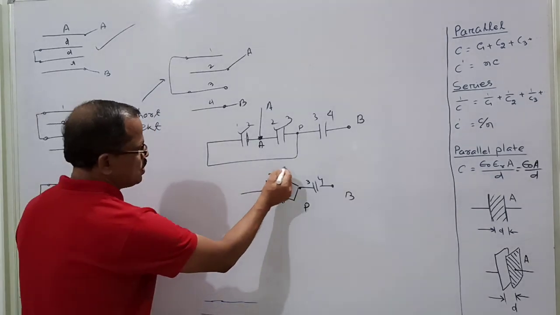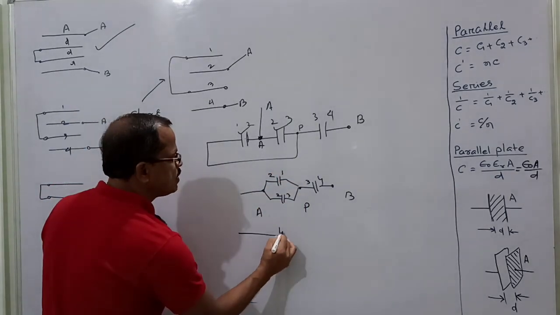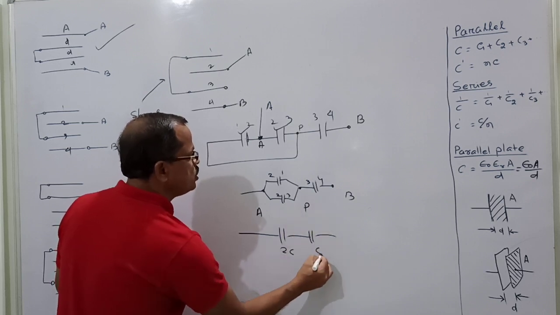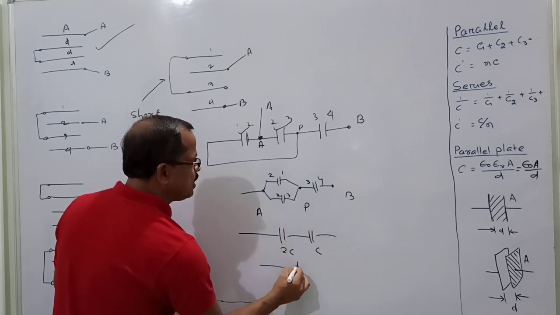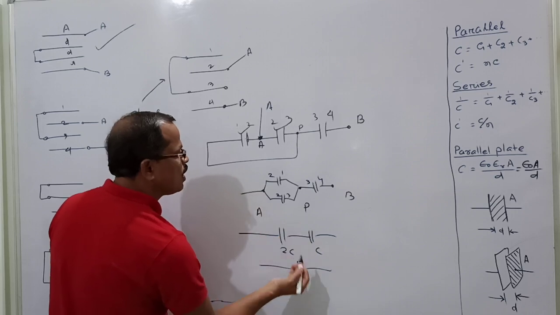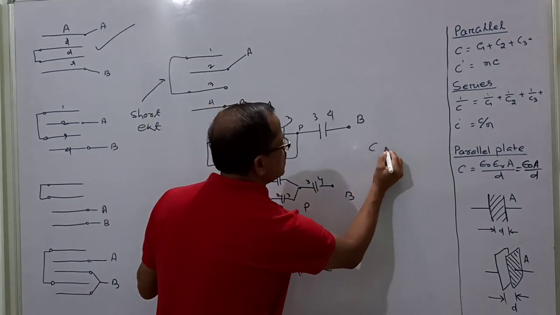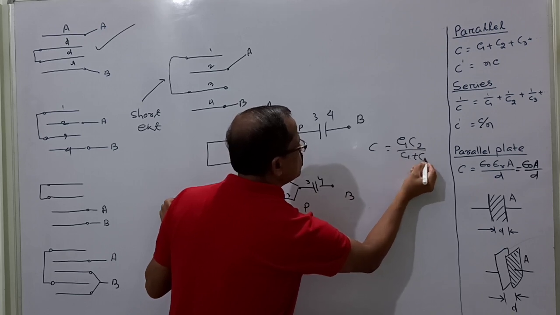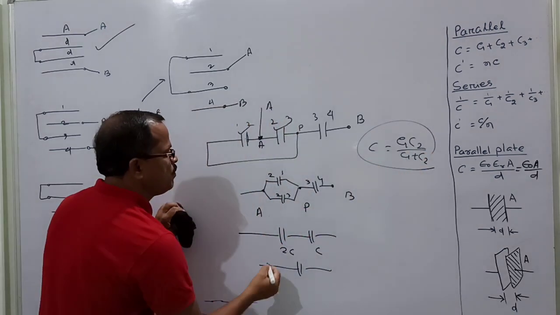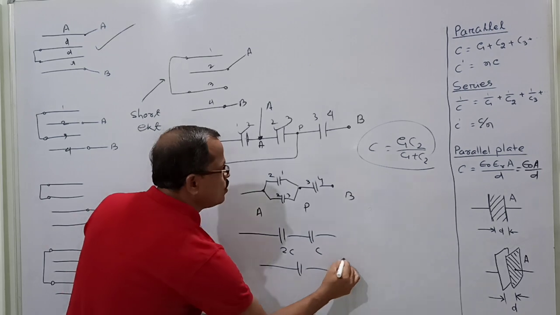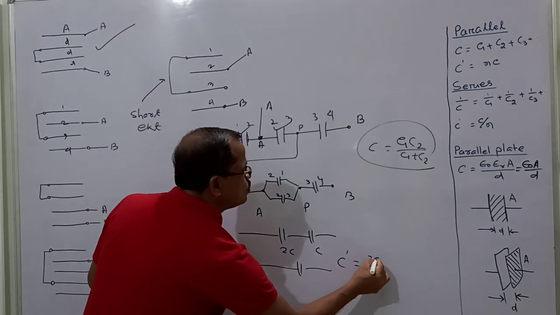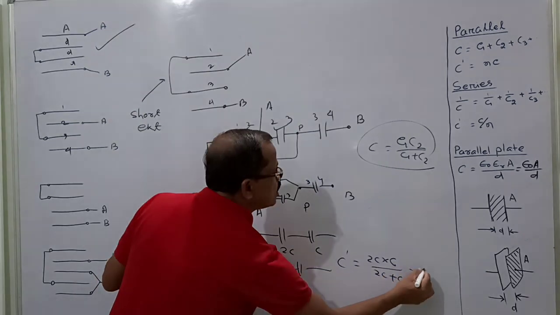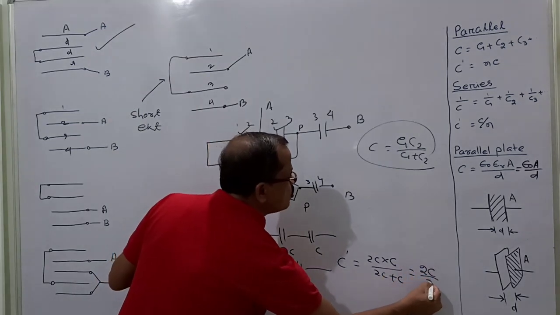Now these two capacitors are parallel. Now let us redraw it, always redraw. That is 2C, this is C. Then again this becomes a series combination. I told you when two capacitors are in series, capacitance is C1 C2 by C1 plus C2, an easy formula. Then I apply it: the net capacitance C dash is equal to 2C into C divided by 2C plus C, that is equal to 2C by 3.